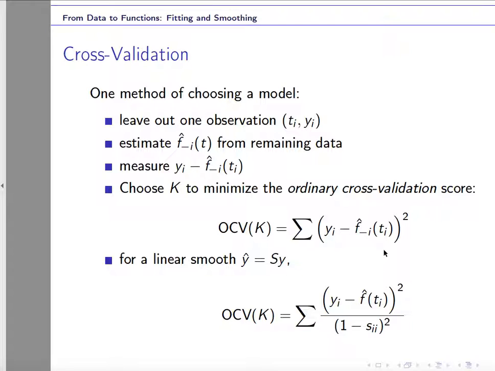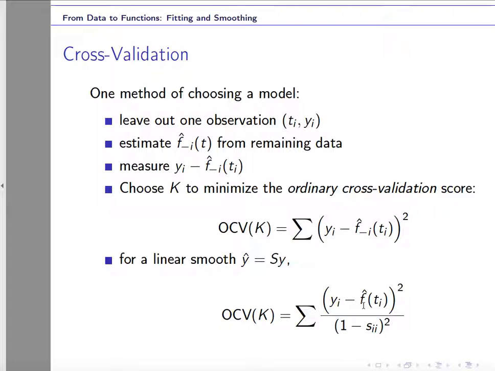Okay, and suppose we're using a linear smoother, like the model we use when f is equal to a linear combination of basis functions, you can derive that this ordinary cross-validation score can be written like this. Here f hat is estimated using all the data.